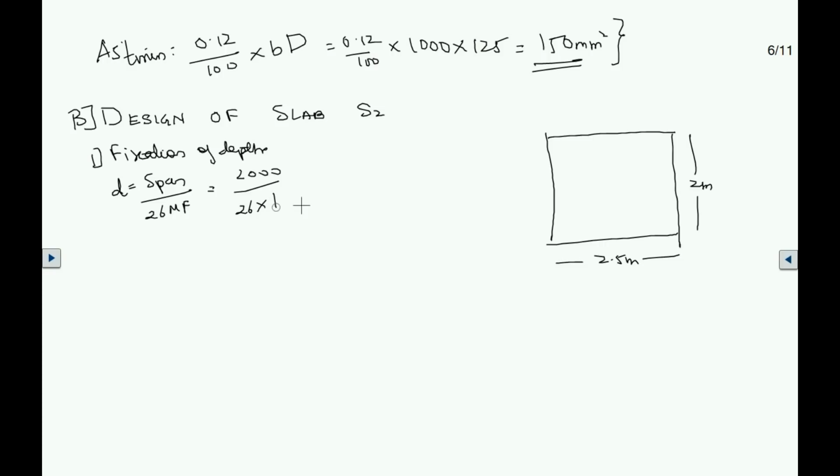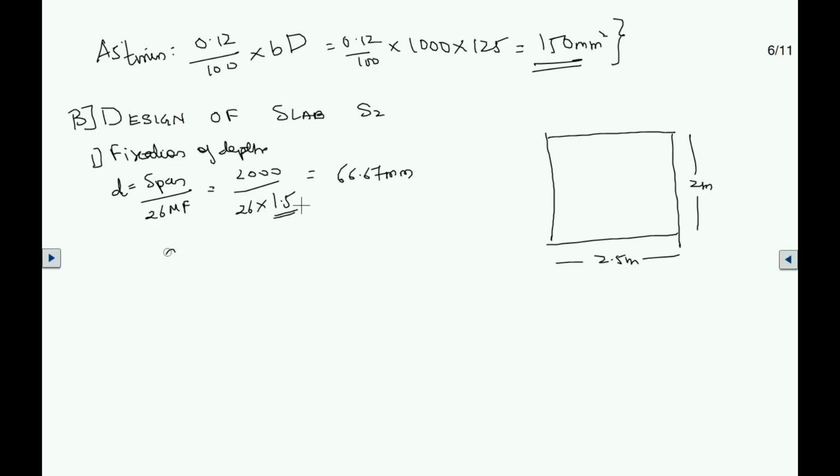I'll increase the MF over here because this is the center slab, so the load transfer from both the slabs will be quite higher for this slab. So I have increased the MF over here, and the depth will be 66.67 mm. You can also take 1.3. There's no hard and fast rule over here.